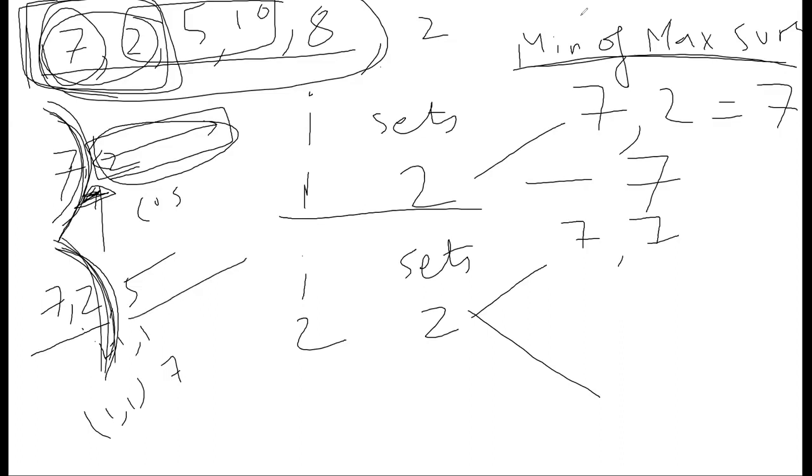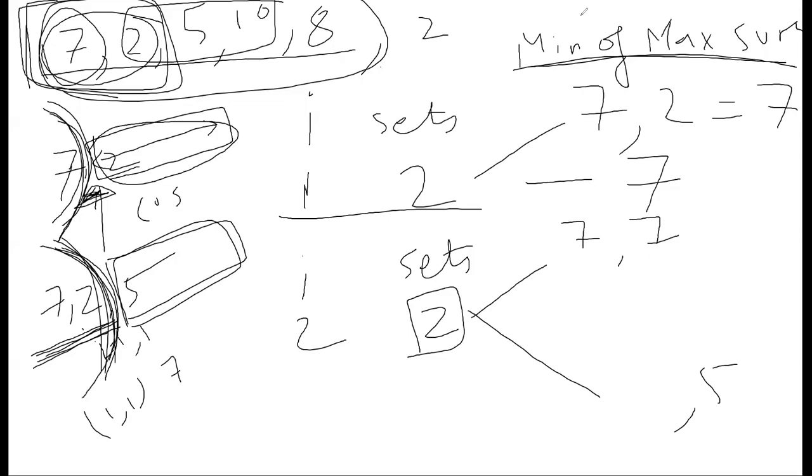I'm going to create a new set here, which is essentially just one element. And for the remaining part, I have to split this into one set, right? Because I have 2 sets total. One I have created here, and the remaining one has to be recursively split into one more set. Essentially, this is just one set, right? You cannot split it more. So it is 9. So here you have 7, here you have 9. Again, the value for this one finally will be 7.